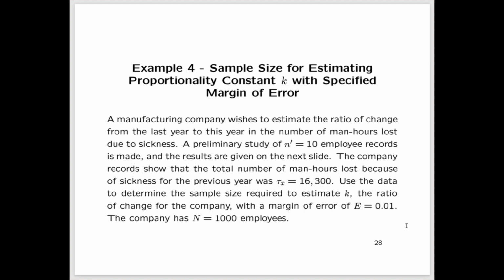The company records show that the total number of man-hours lost because of sickness from the previous year was tau sub x equal to 16,300 hours. Use the data to determine the sample size required to estimate K, the ratio of change for the company, that proportionality constant, with a margin of error of E equal to 0.01. The company has 1,000 employees.